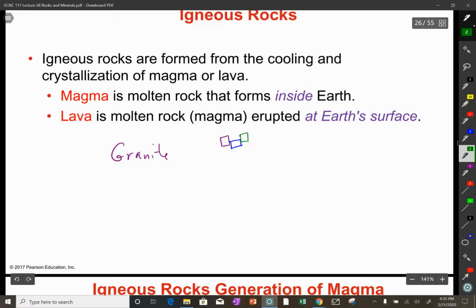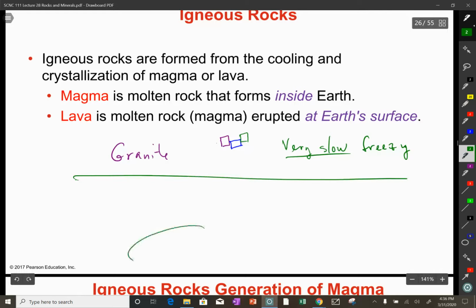That happens if you have a very slow freezing. As far as we understand, to achieve that very slow freezing, you have to have, here's the surface of the earth, and underneath the surface of the earth, deep down, you have a magma chamber.